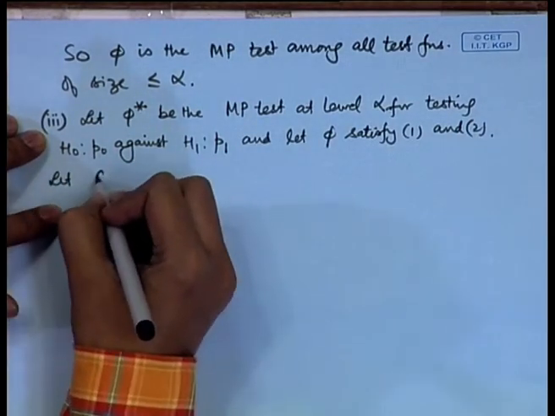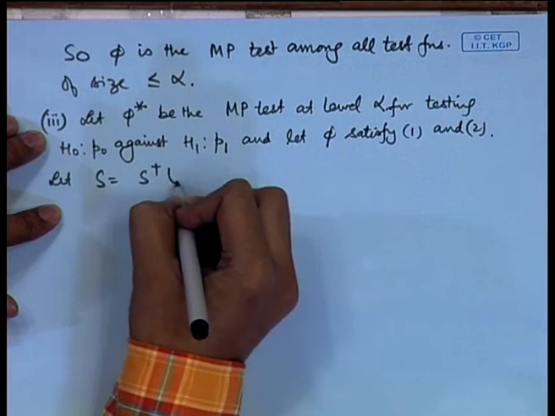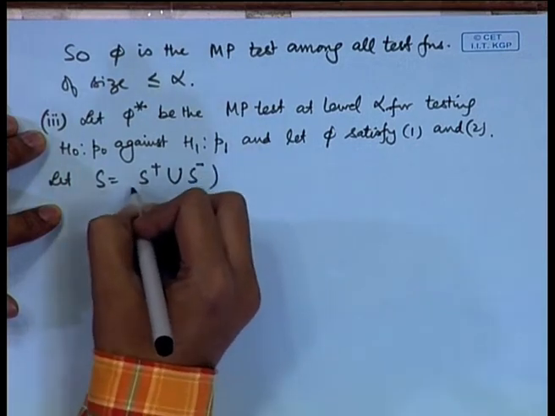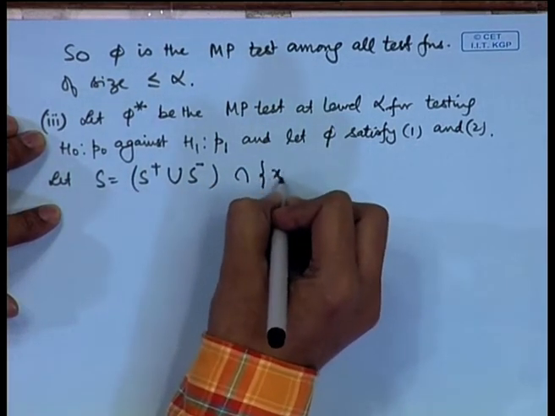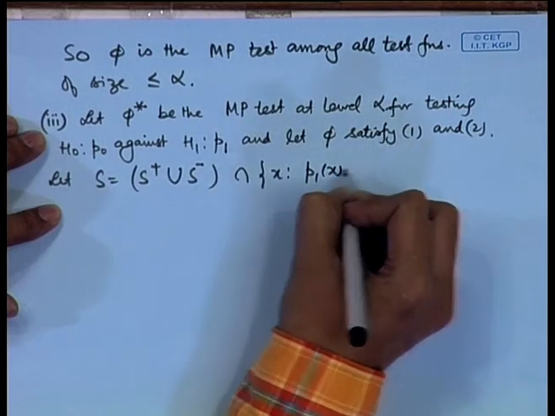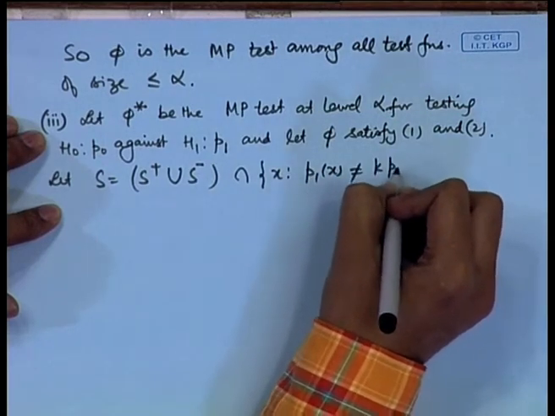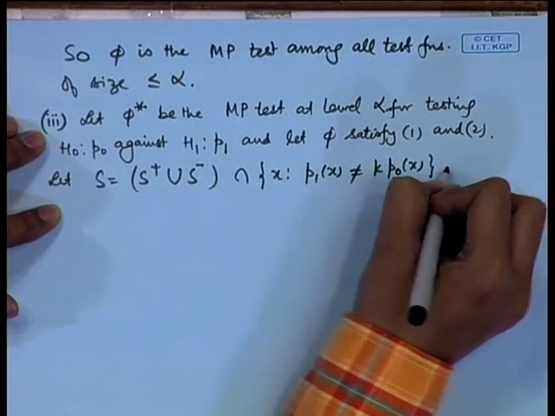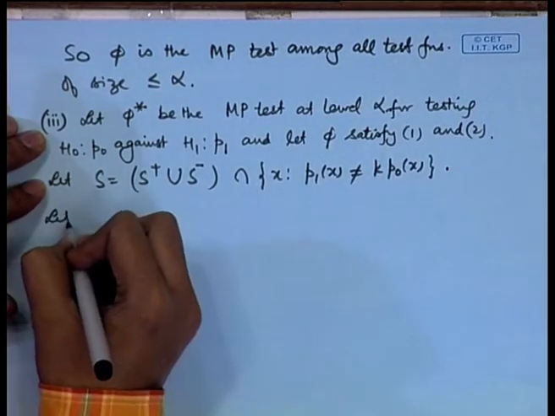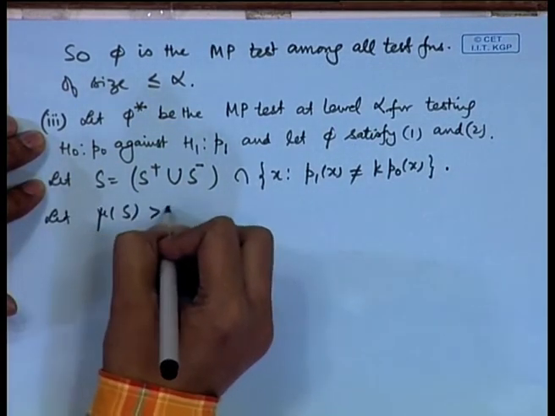Let us take, say, S is equal to S plus union S minus intersection the set of the values for which P 1 x is not equal to K P naught x. Let mu of S be positive.